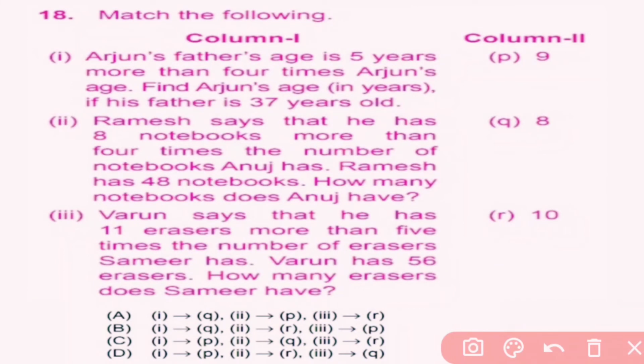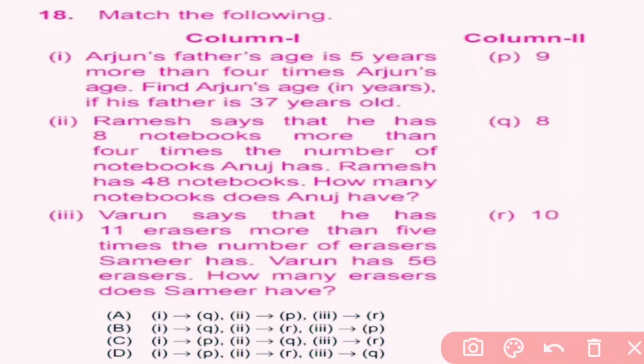Match the following. Option 1. Arjun's father's age is 5 years more than 4 times Arjun's age. Find Arjun's age if his father is 37 years old.